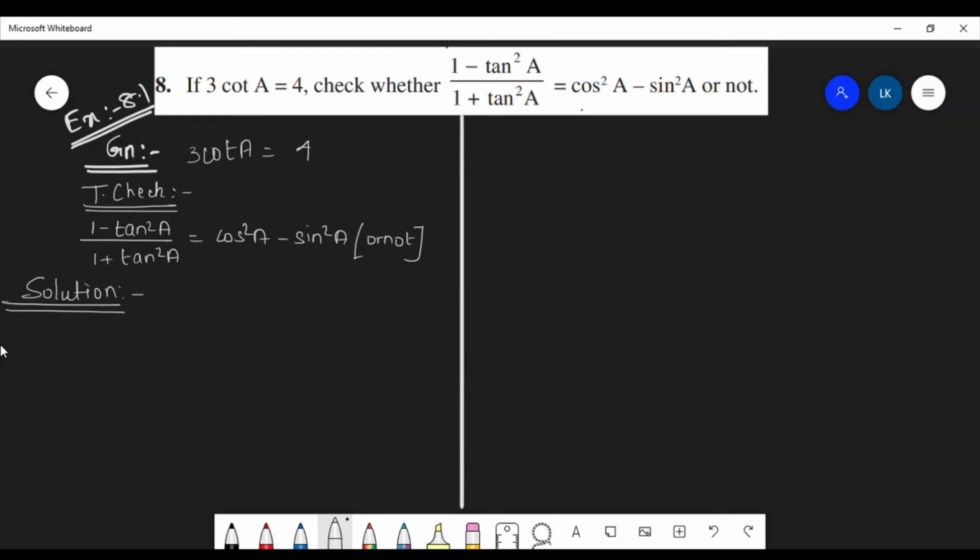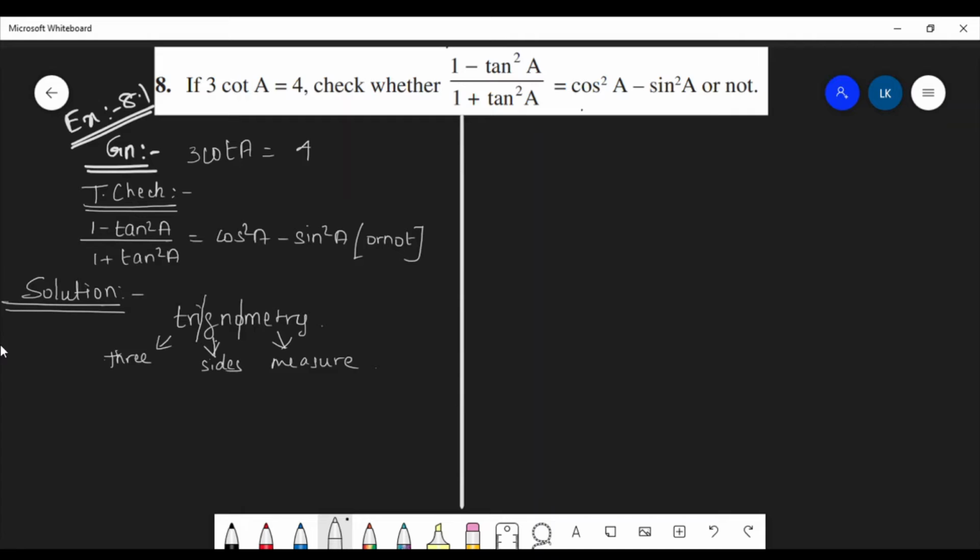For every problem in the exercise we are going to take a right angled triangle. First step is you have to consider a right angled triangle and find out three sides. Trigonometry, what is the meaning? Tri is 3, gon is sides, and metron means measure.